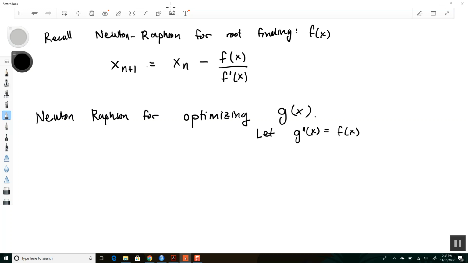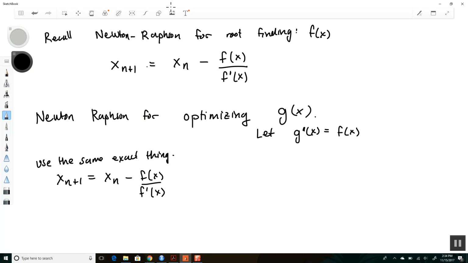Basically, we can just use this exact same thing, which is x_{n+1} equals x_n minus f of x.